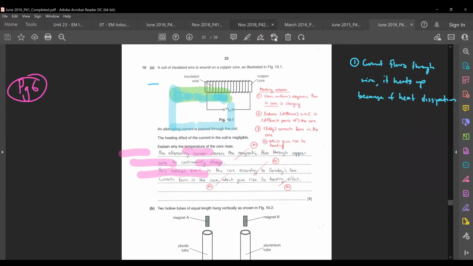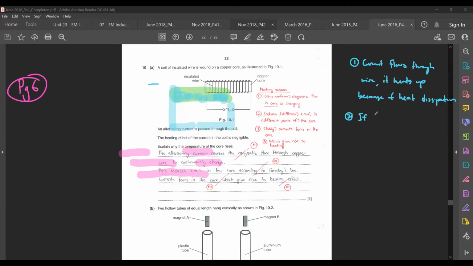Then after that, if the wire is in contact with another conductor or metal, it also heats up. This one is sensible, right?